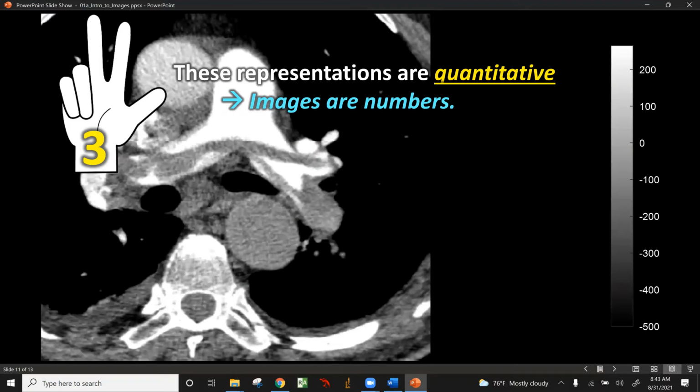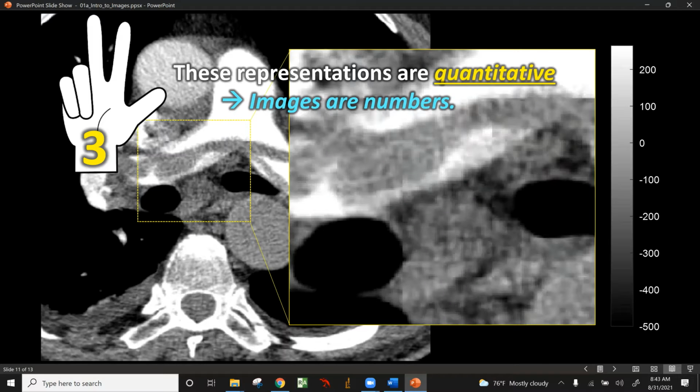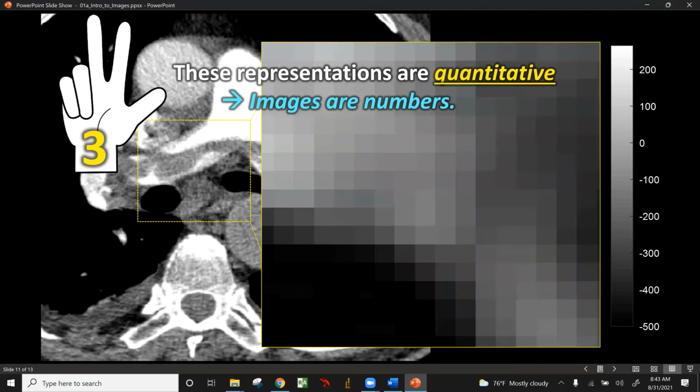And if you need any convincing of that, let's look at this axial CT image in the region of a patient's chest. I zoom in a little bit on this region, and I zoom in even more, you really see that underneath it, it's a matrix. So the axial image is just one slice of a three-dimensional matrix of numbers.